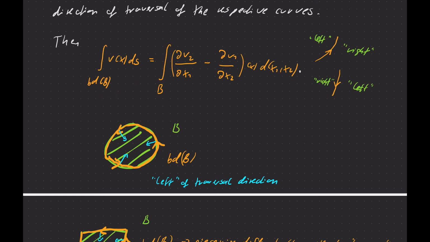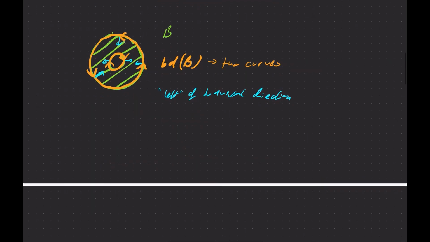So you don't get the volume from measuring the length of the boundary, of course, but you get the volume from integrating a certain vector field along the boundary. And you just need to determine the right vector field, and we'll see how that works in the examples.